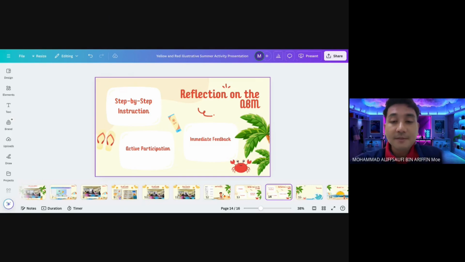The ABM emphasis on participation aligns with young learners' need for interactive and hands-on activities, which helps maintain their focus and motivation. Yeah, the ABM is really helpful.